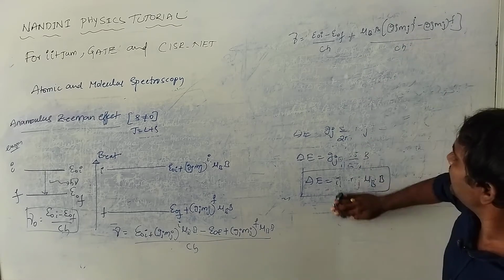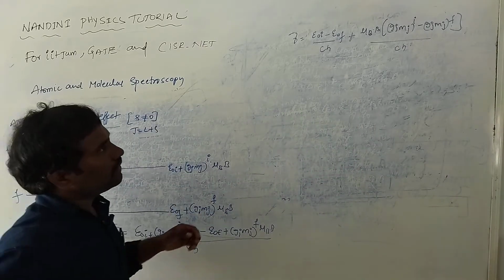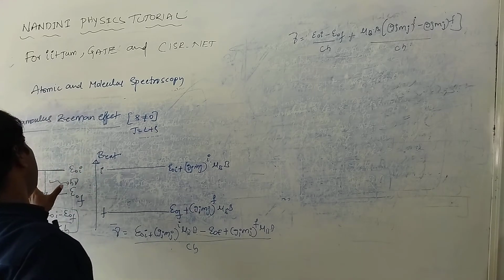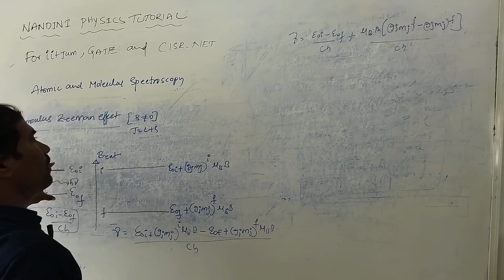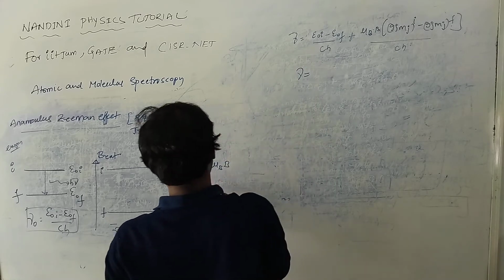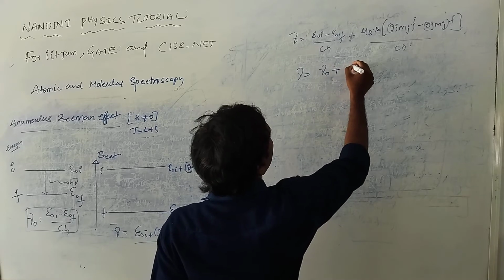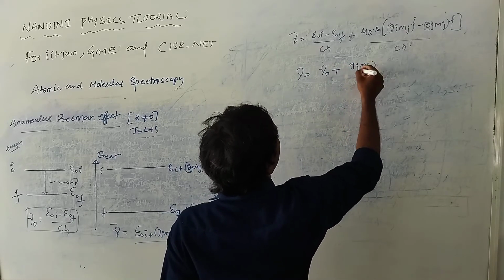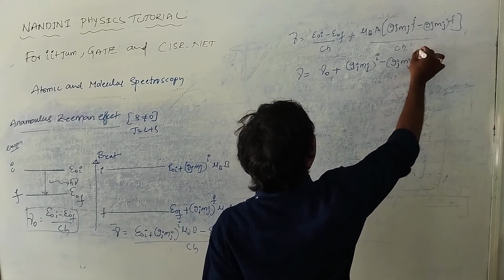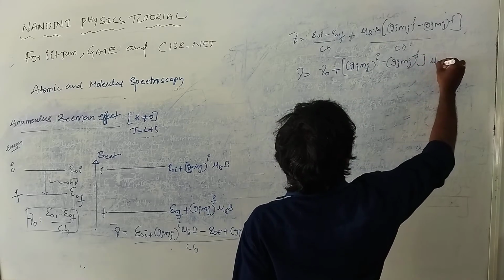So finally you get this equation. Initially the ground state, before being placed in an external magnetic field, has the atom frequency nu naught. So this is the new frequency when the atom is placed in an external magnetic field: the old frequency nu naught plus Gj Mj I for the initial state minus Gj Mj final, times mu B into B by Ch.